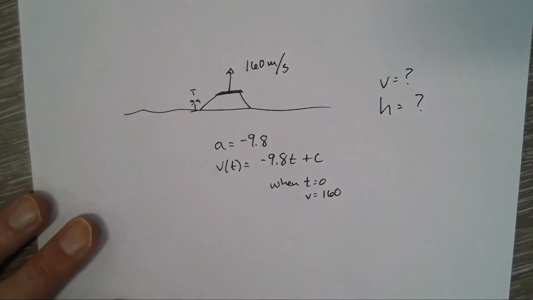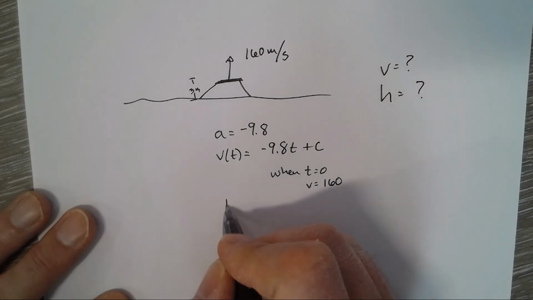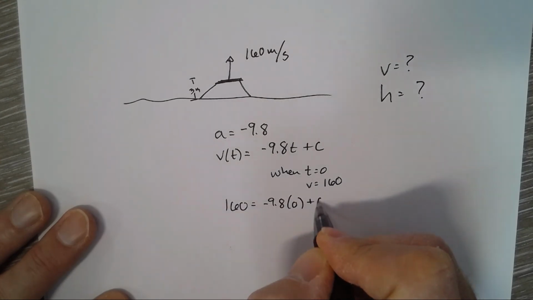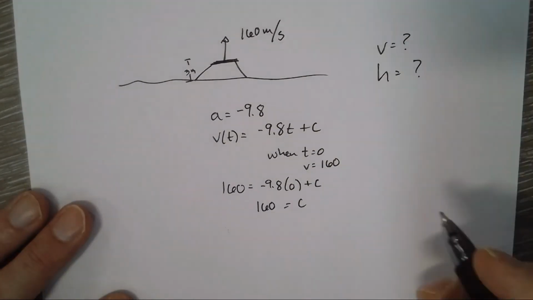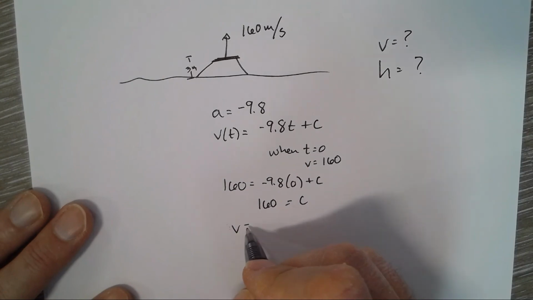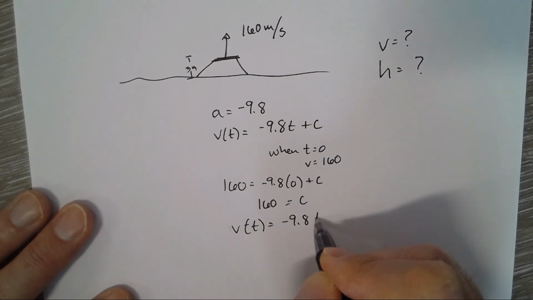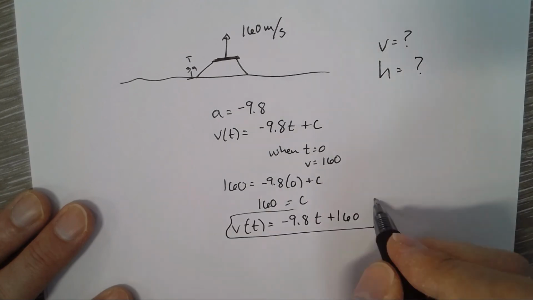So you can plug 0 in for time, 160 in for velocity. So c is 160. So then my velocity equation, I'll say v of t, equals negative 9.8 t plus 160. So there's our velocity equation.